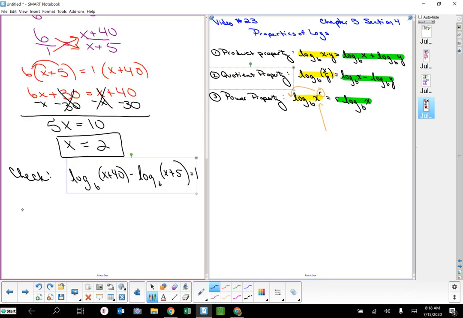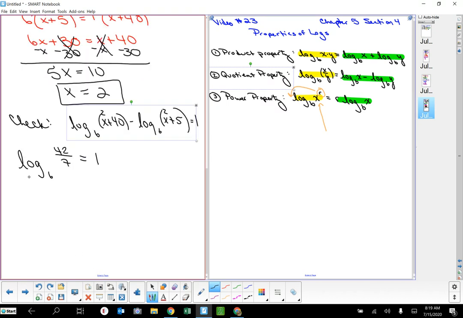So when we rewrote this, we can put the 2 in right off the bat. So we have log base 6 of 42 over 7 equals 1. Well, 42 over 7 is 6. So log base 6 of 6 equals 1, and then 6 to the first equals 6, and that checks. So you can feel free to do that for yourself.